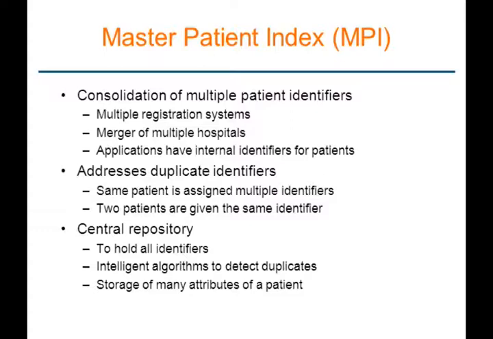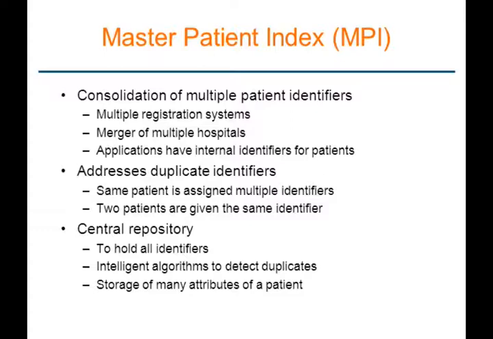And the way master patient indexes are implemented nowadays is that we create a central repository which holds all identifiers, and then we use intelligent algorithms to detect duplicates. And you can then start adding other attributes of a patient. Some people would think that, let's say you have a requirement of lots of consents that the patient has to provide, or directives they have to provide.